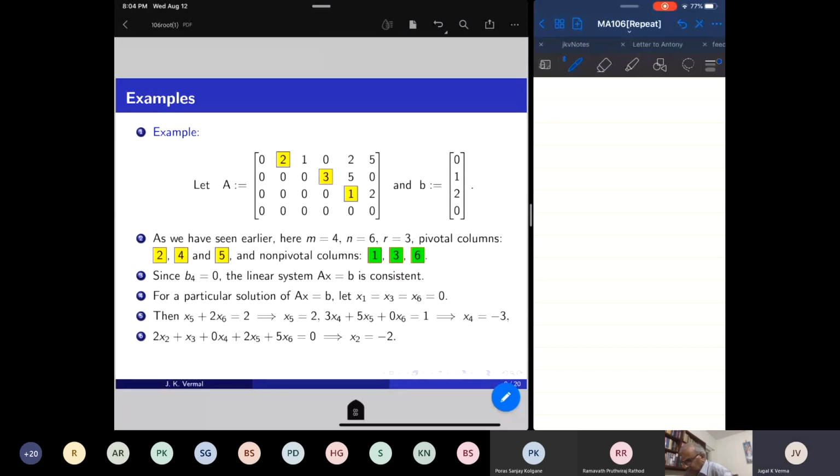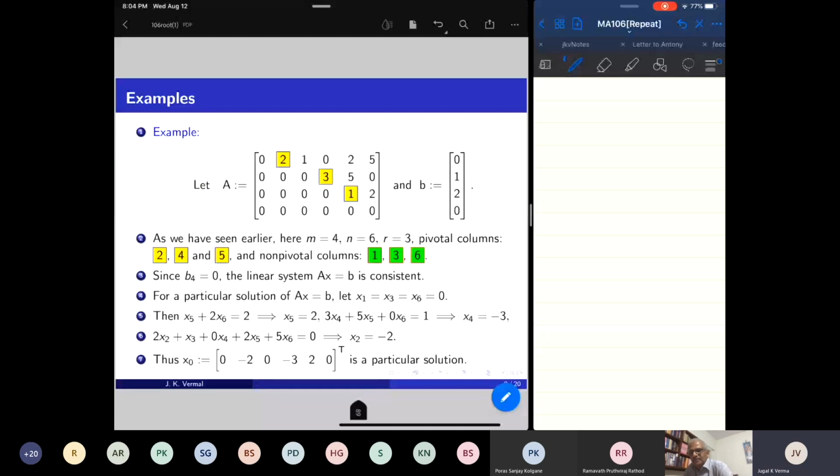Okay, so all the non-pivotal variables are set to 0, and the pivotal variables are determined from them, and the consistency condition is satisfied, and therefore we have found a particular solution. So this is the particular solution x0: 0, minus 2, 0, minus 3, 2, 0. These are the values of x1, x2, x3, x4, x5, and x6. Okay. So is that clear?